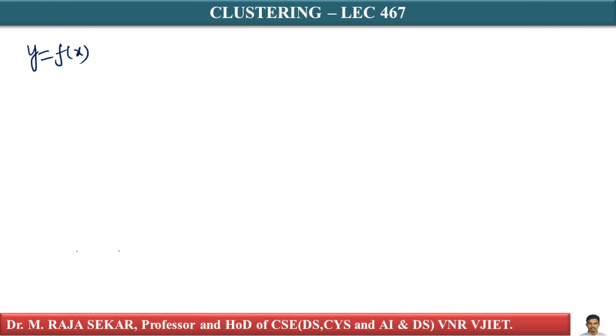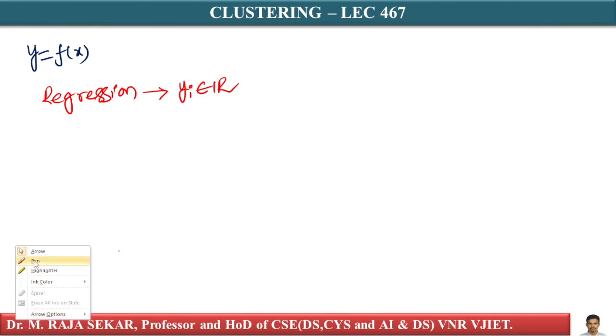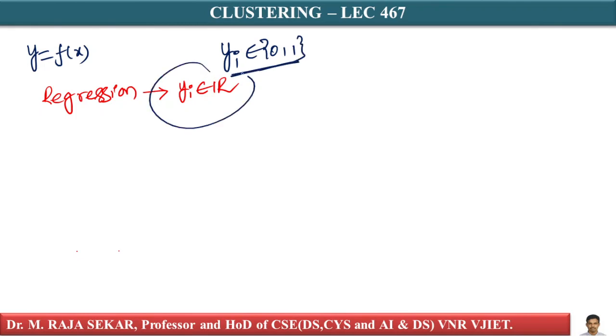In the case of classification, your yi belongs to 0 comma 1. In the case of regression, your yi belongs to R. That is the basic difference. This is binary classification. If it is regression, your yi belongs to R.